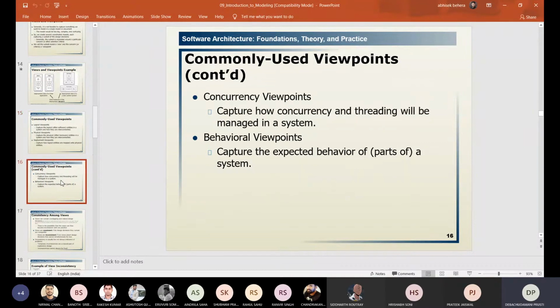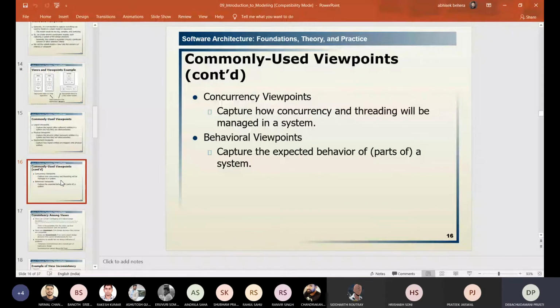Now, some more commonly used viewpoints: the concurrency viewpoint and the behavioral viewpoint, after the first three: logical, physical, and deployment. The concurrency viewpoint captures how concurrency and threading will be managed in a system, because between processes there will be threading of sub-processes, which must be managed in a system.